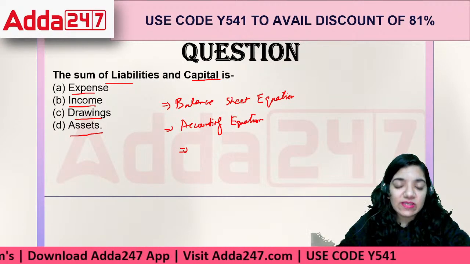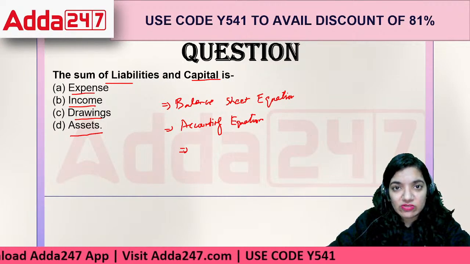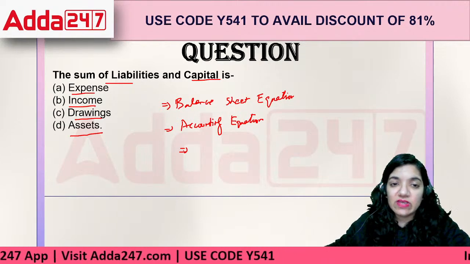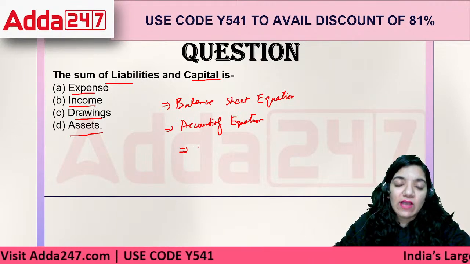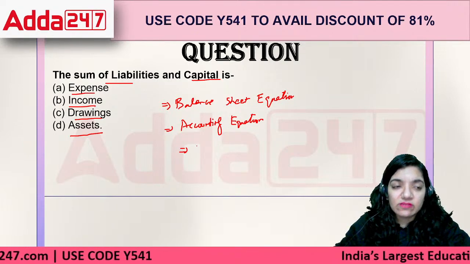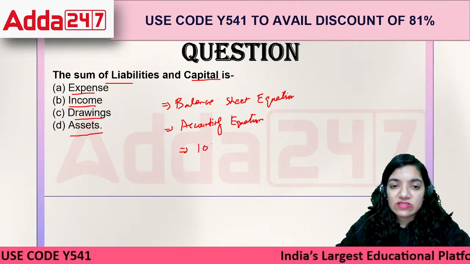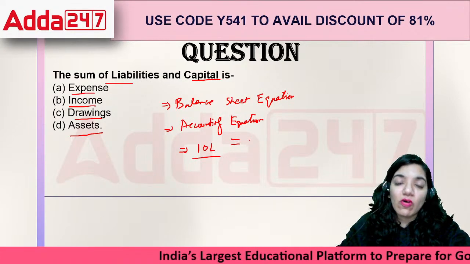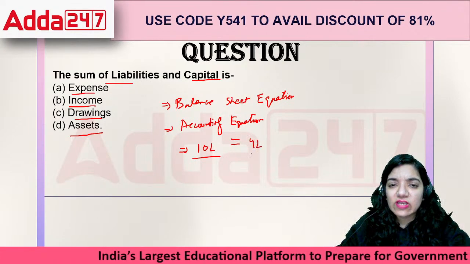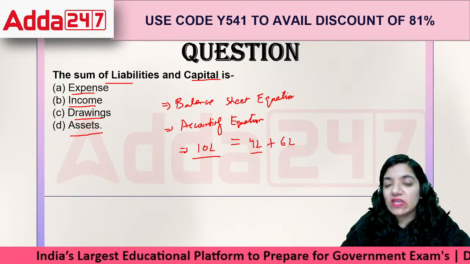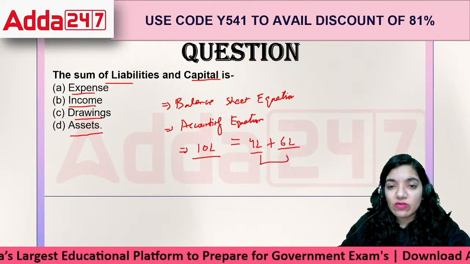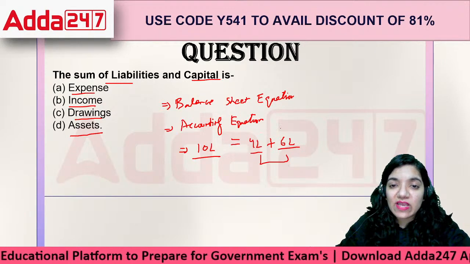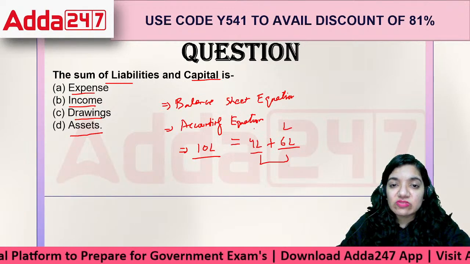So the equation is, see, if I invested money into this business, say I bought an asset, I bought a car worth rupees 10 lakhs, right? So I took out a loan of maybe 4 lakhs, and 6 lakhs is something which I already had. So this is 6 lakhs and 4 lakhs. This is my liability and this is my asset.